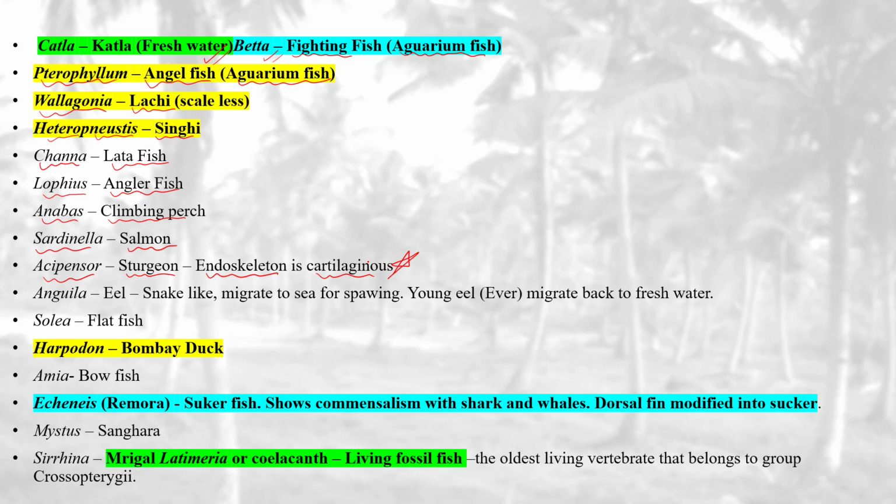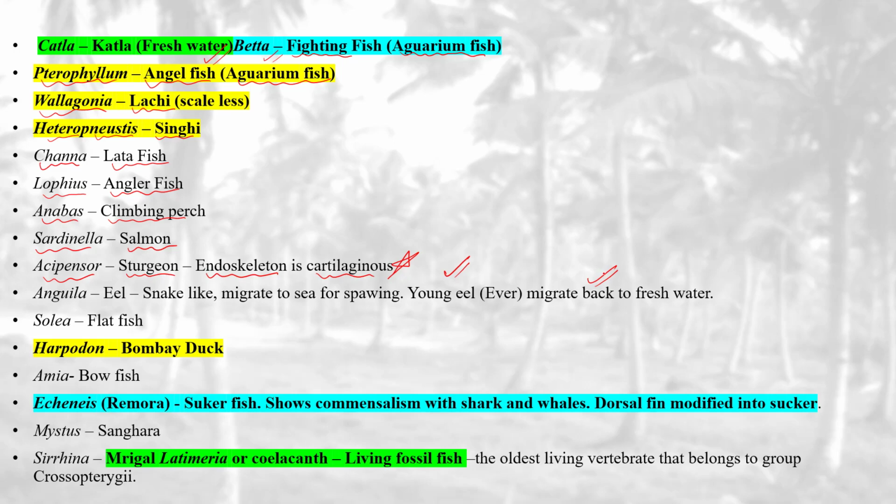Anguilla, the eel, is snake-like. It migrates to sea for spawning, meaning for breeding. Anguilla eel is a migratory fish. It basically goes to sea for spawning, and the young eels migrate back to freshwater.